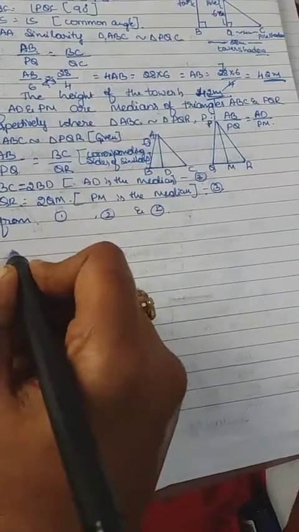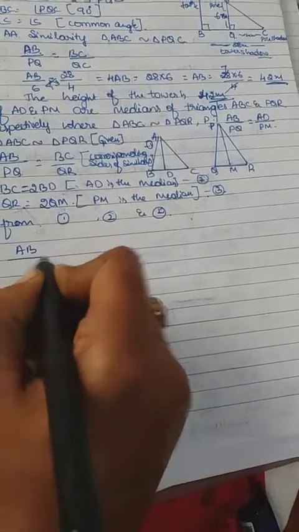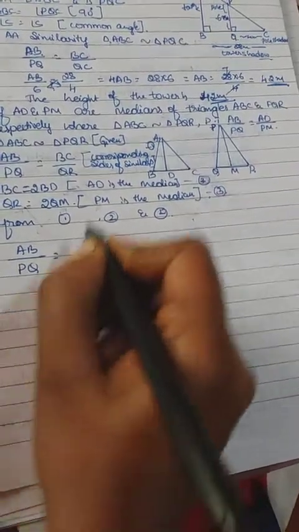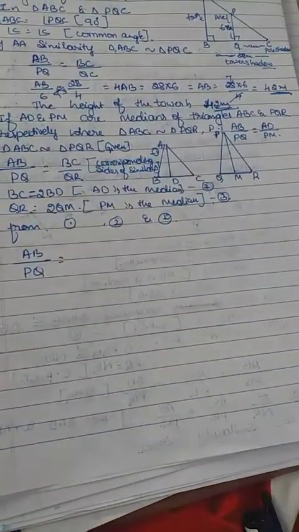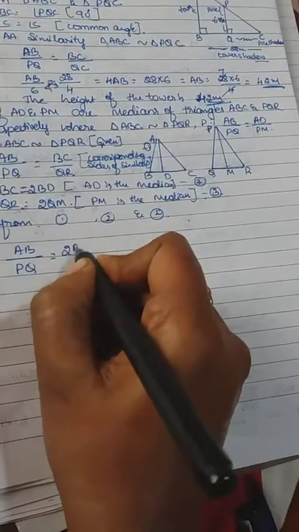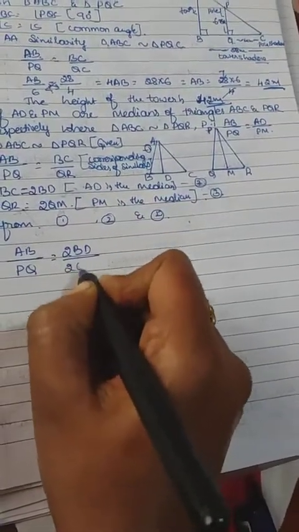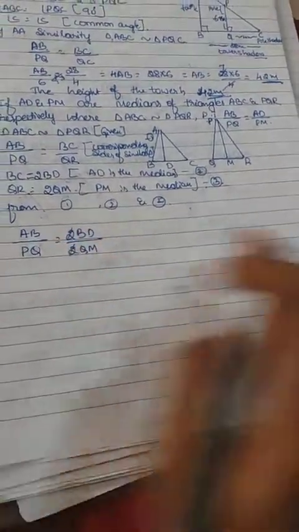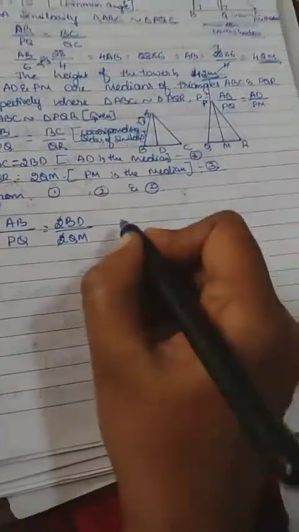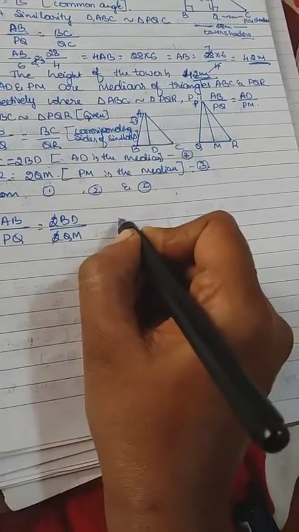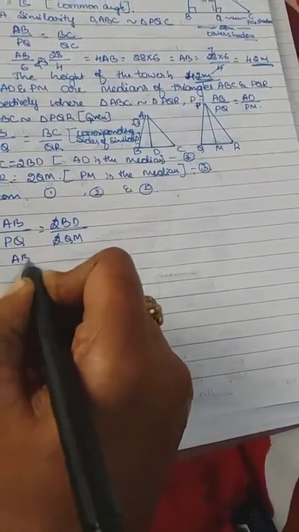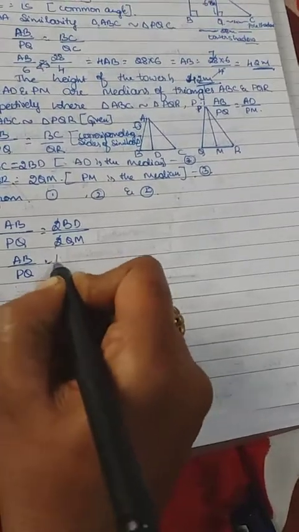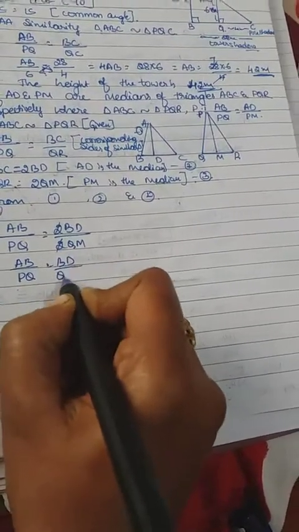So AB divided by PQ equal to, instead of BC and QR, 2BD divided by 2QM. So here 2 get cancelled, remaining AB divided by PQ equal to BD divided by QM.